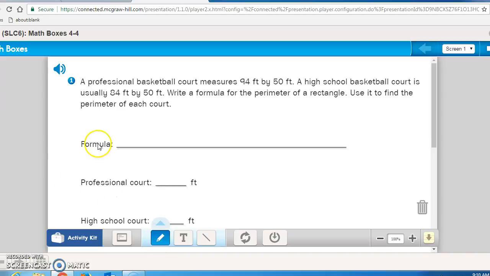What we're going to do is we're going to write the formula for perimeter, which is 2 times the length plus the width. Or I could do length plus length, those are L's, plus width plus width.